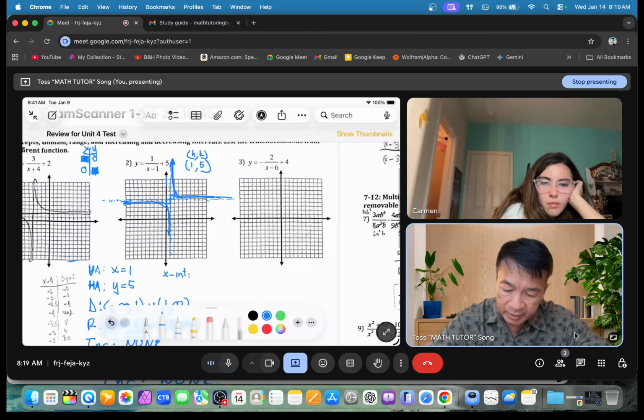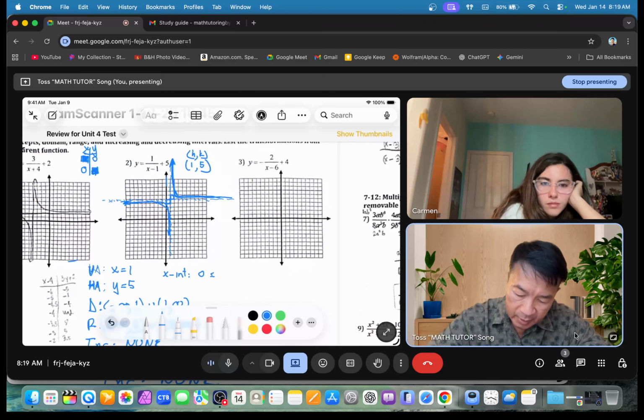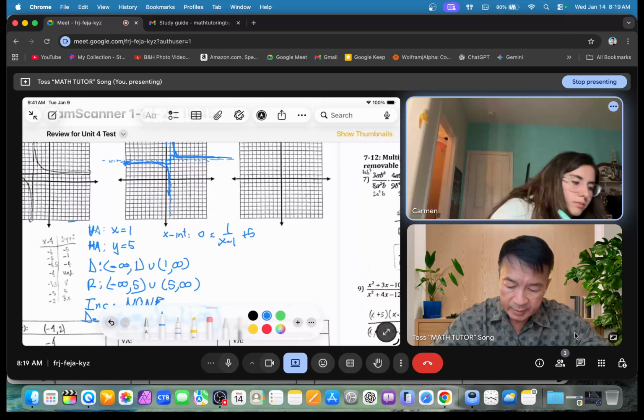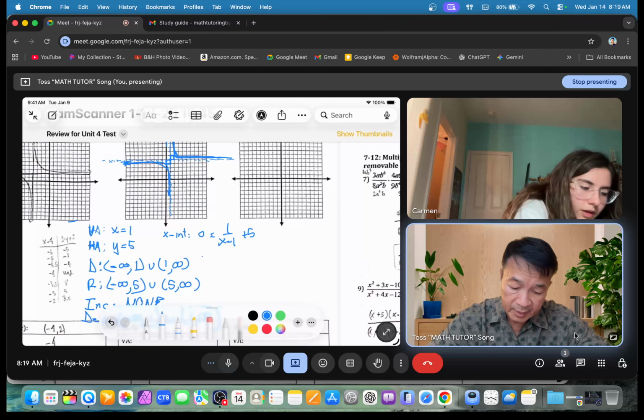That means I'll substitute y with 0. So here we go. I'm going to write the whole equation: y equals 1 over x minus 1 plus 5. Then solve for x. Now, careful when solving it. Subtract both sides by 5 first.